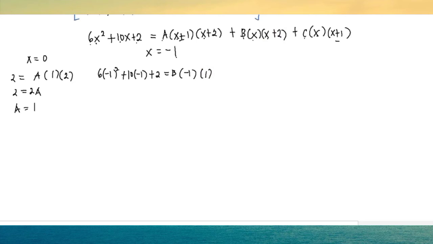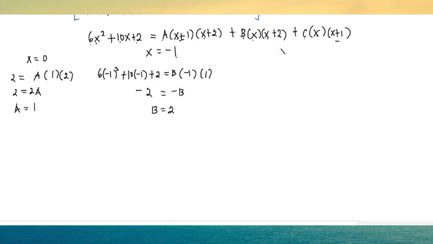And kung i-evaluate natin itong left side ng equation natin, then we have here negative 2, and here is negative B. So B is equal to positive 2.